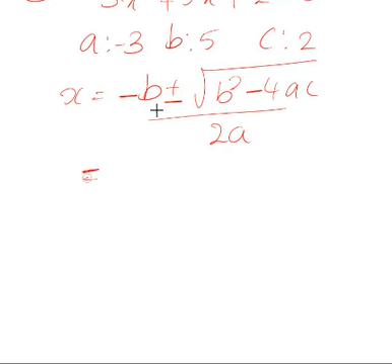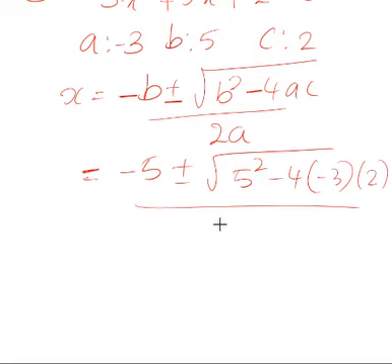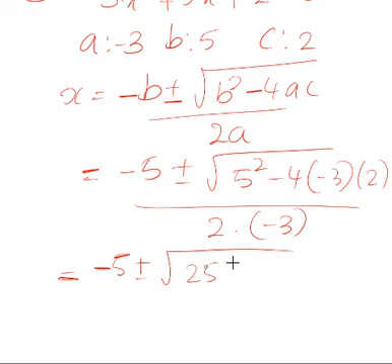So negative b, that is -5, plus or minus root 5 square minus 4 into -3 into +2, divided by 2 into -3. So this is equal to -5 plus or minus root 25, then -4 into -3 is +12, +12 into 2, that is 24, +24, divided by -6.